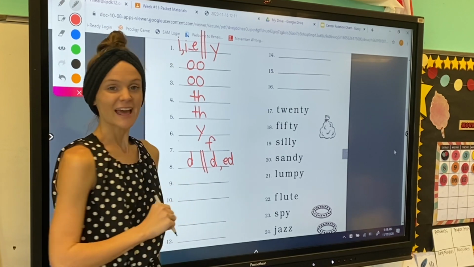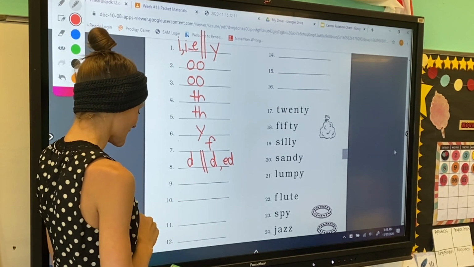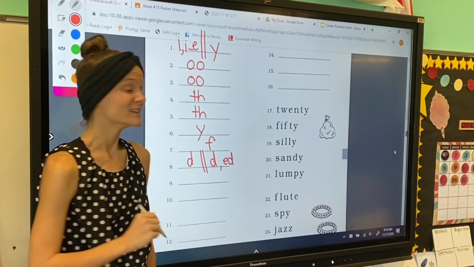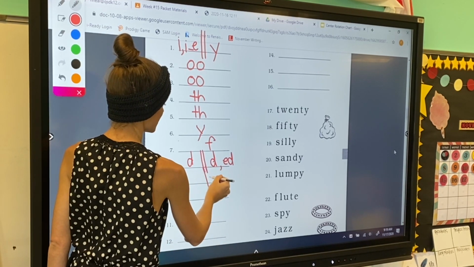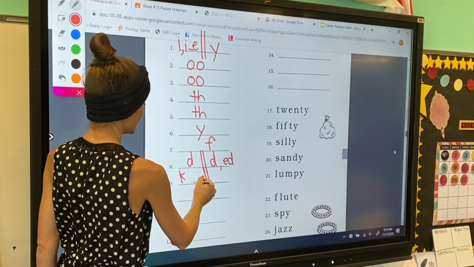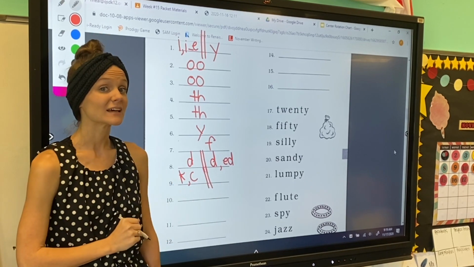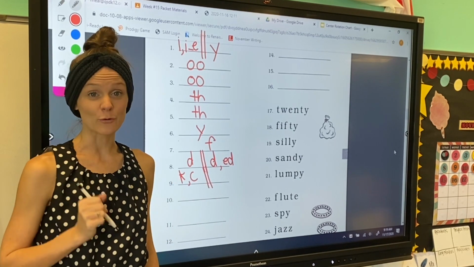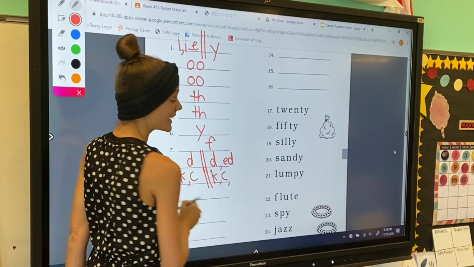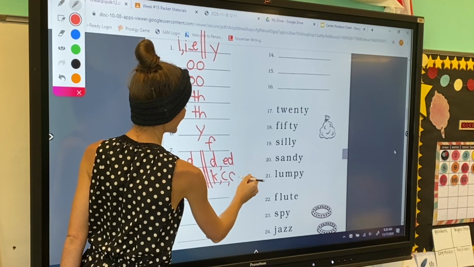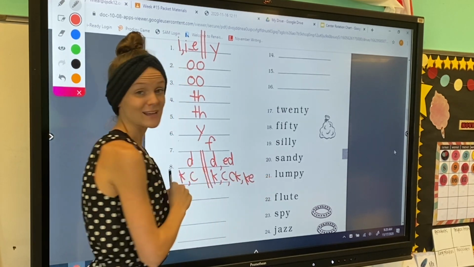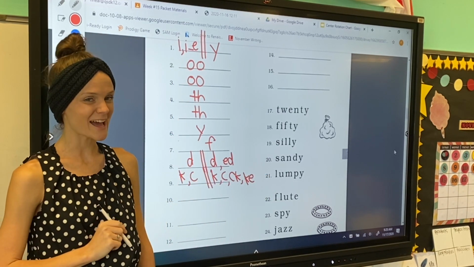ED. Excellent! For number 9, my letter sound is K. So we're going to divide our line in 2 parts. At the beginning of a word, letter K can make K, and letter C can make K. At the end of a word, letter K can make K, letter C can make K, letter CK can make K, and KE can make K if there's a sneaky E back there.